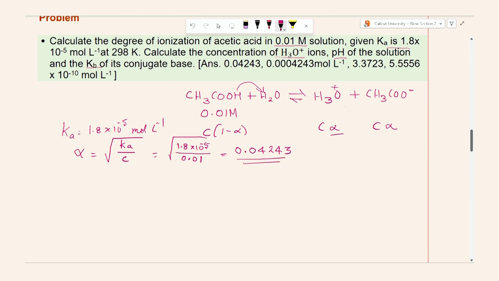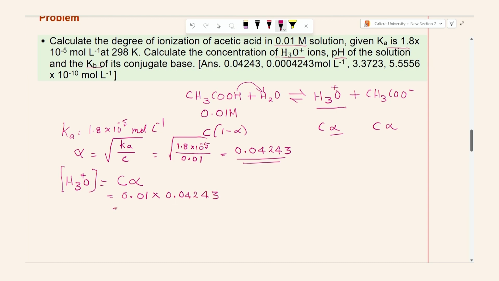Next, I have to find the concentration of H3O plus. As seen from the equation, the concentration of H3O plus will be equal to C into alpha. Alpha has been found out. C is 0.01 multiplied by 0.04243.